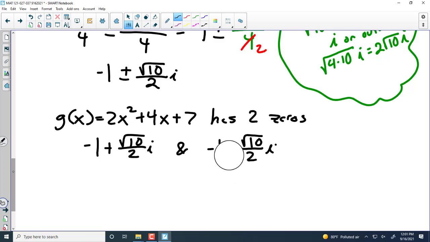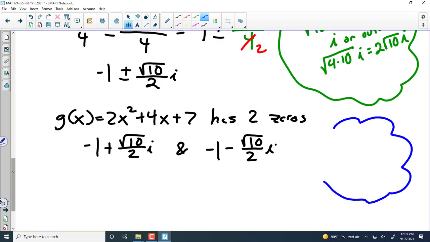Oops, I wrote the same answer twice. This one has a minus. By the way, square root of 10 over 2 i is the same thing as square root of 10 i all over 2, as long as the i is outside the radical.